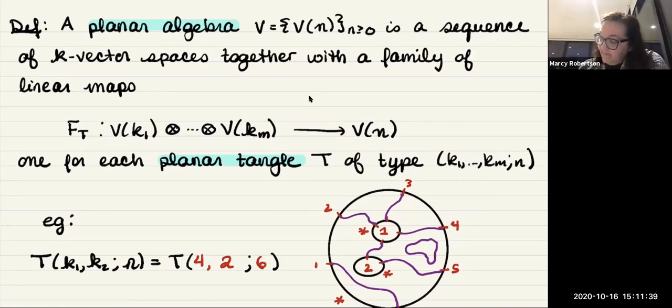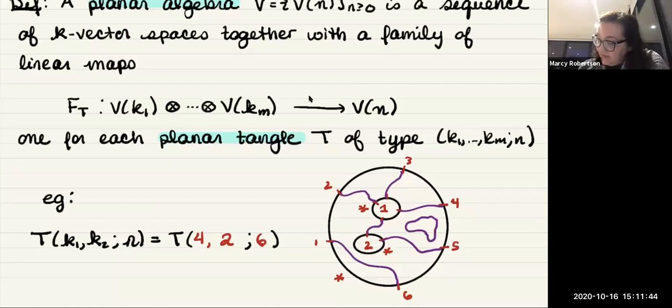So here is a tangle T, of type K1, K2, N. Here, this is T4, 2, 6. Here, the hole marked 1. The one manifold here is purple. That's just giving me an element.